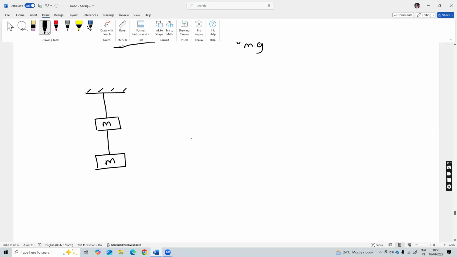So if you consider this case, let's say the tension in this string is T1, the tension in this string is T2, and g is the acceleration due to gravity. If you consider the FBD of this mass, then mg will act downward, T2 will act upward, and T2 will be equal to mg.